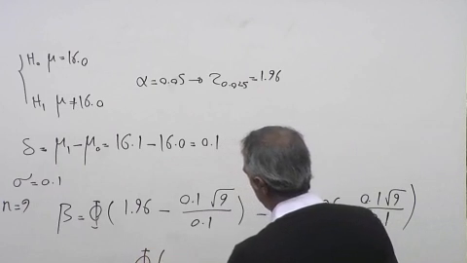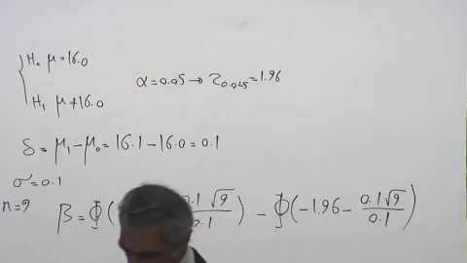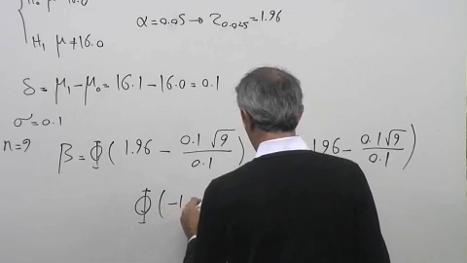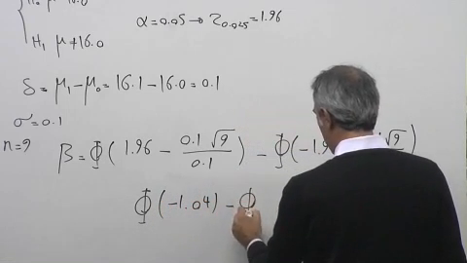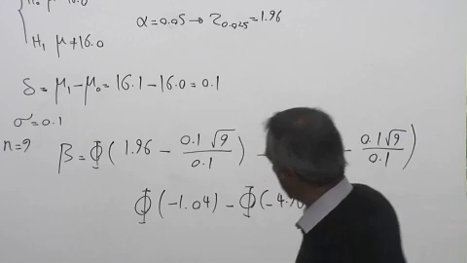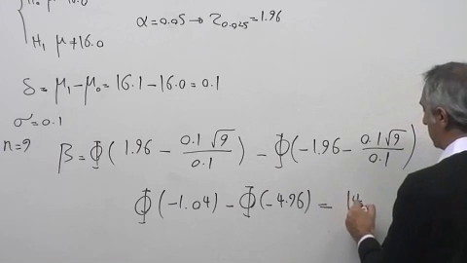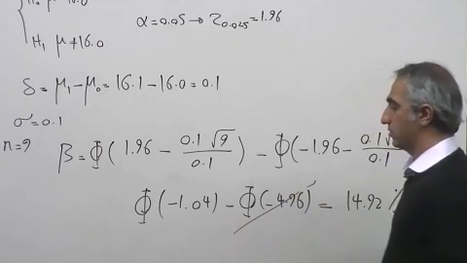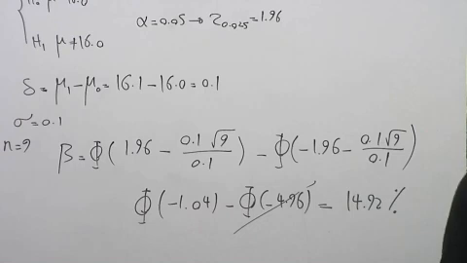And this is phi of this guy minus phi of this guy. It's around 14.92%. This is almost 0. And you just find this from the standard normal chart, 14.92%. Okay? Any questions? Is it clear?